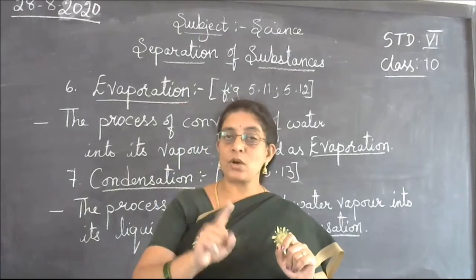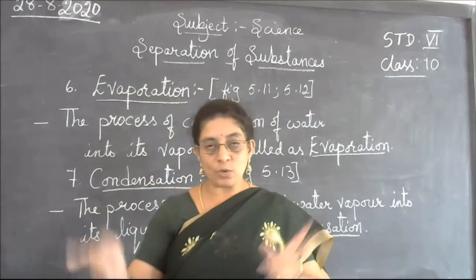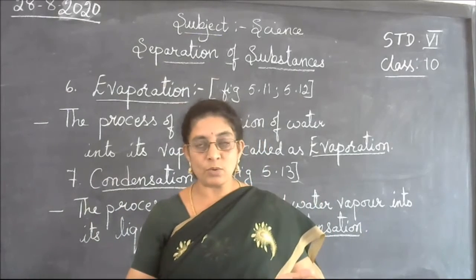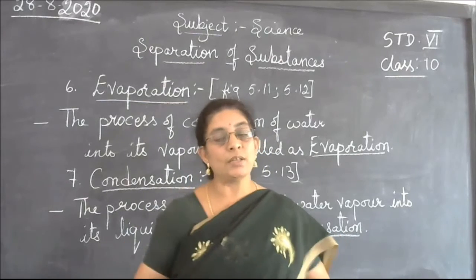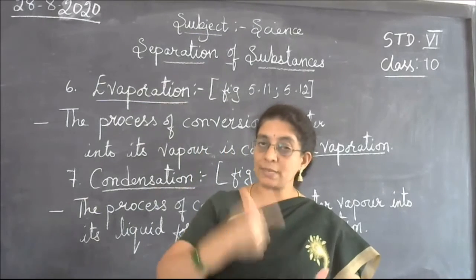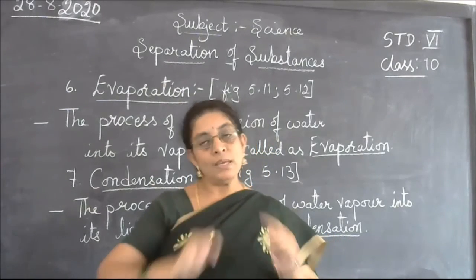So that is called the natural water cycle, because nobody fills water into the oceans and the seas. It is again coming back to the earth in the form of rain. So this is a process of evaporation and condensation together.